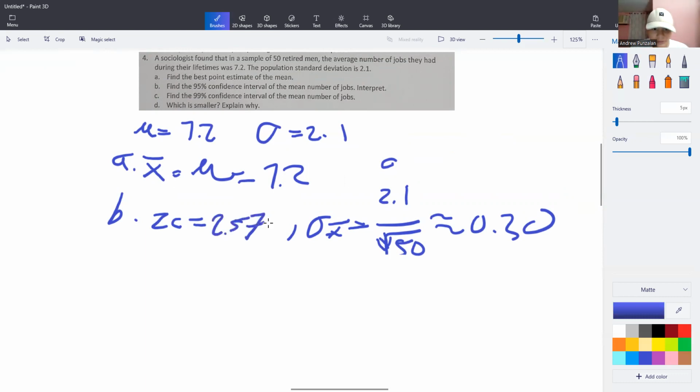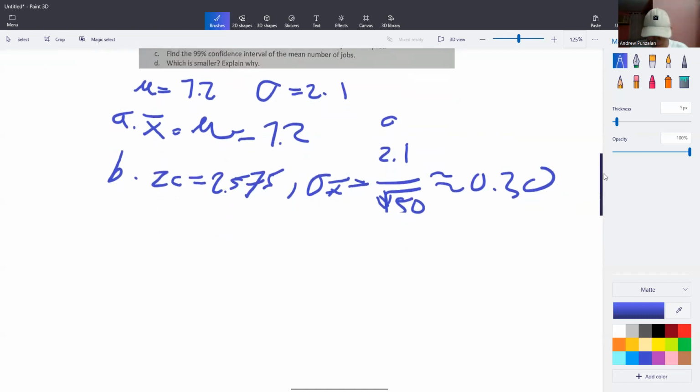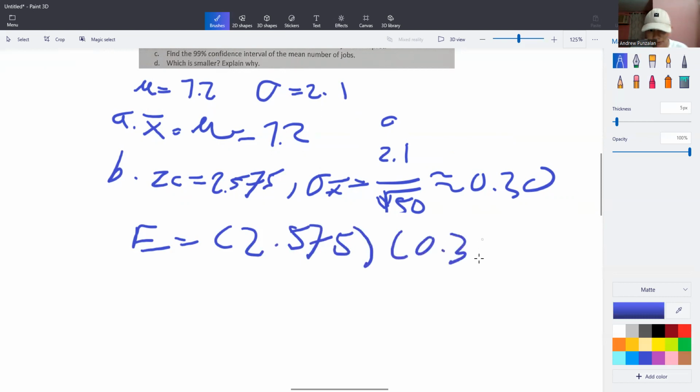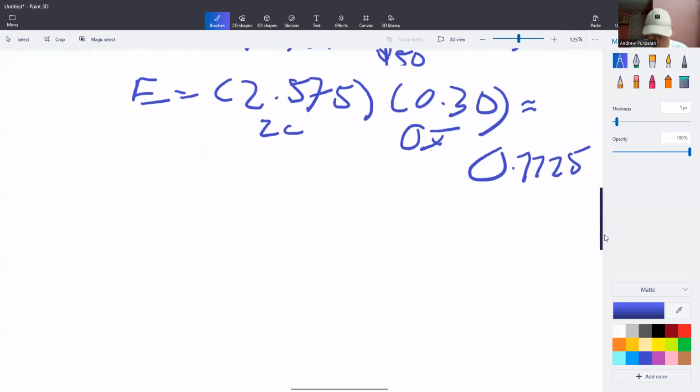That's our ZC. And we need the standard error of x bar, it's still the same. Next, get the margin of error, which is 2.575 times 0.30. This is the ZC and the standard error, which approximately equals 0.7725. That's our margin of error.